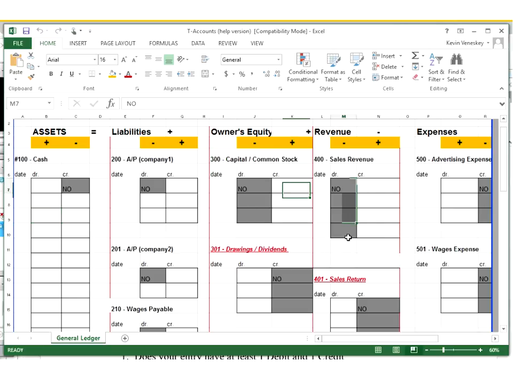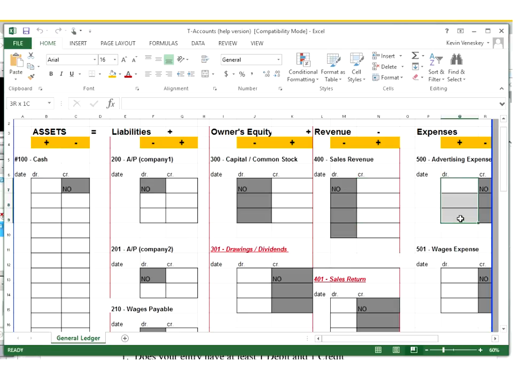However, what's not the case is for our two ending items, revenue and expenses. We're almost never going to have a debit to a revenue account. There's one exception, and that's only really if you make a mistake and you have to go back and do a correction. So almost always we're never going to debit our revenues. We're always going to credit revenues.